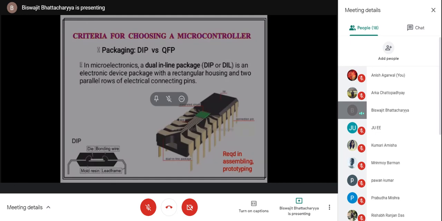First, DIP, dual inline package, where the IC is rectangular in shape and pins come out in a projected manner one by one, and all pins are projected out from two sides of the IC, not from four sides, only from two sides. We can take the IC and feed all the pins into the socket appropriately.